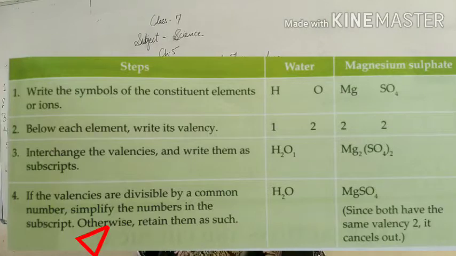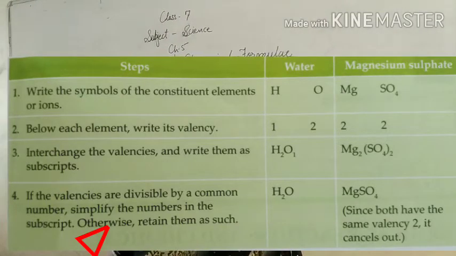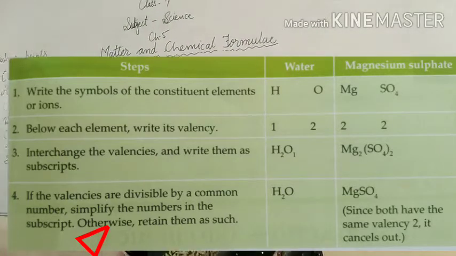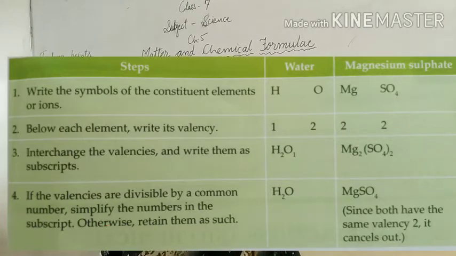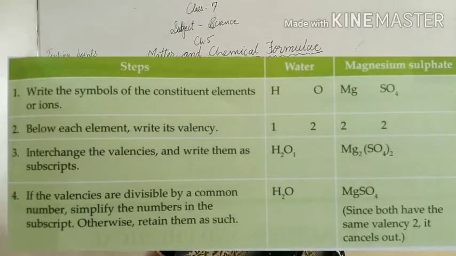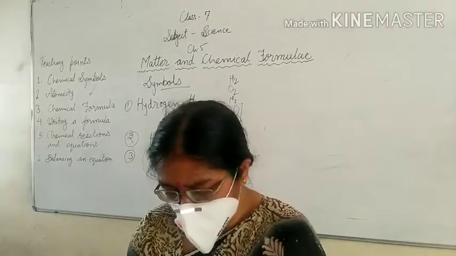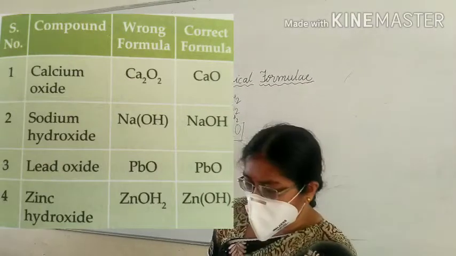And in the fourth step, we will simplify the numbers in the subscript if these valencies are divisible by a common number, and if not, we will retain them as such. In this manner, different chemical formulae are written, which are shown in the following tables.